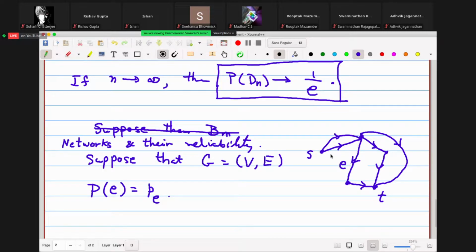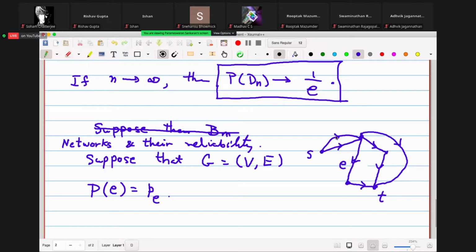So now, mathematically speaking, it is an oriented graph with a source S and target T, and every edge occurs in some path or the other. Only those are going to be relevant for us. Then each edge comes with a certain weight, and the weight is a number between 0 and 1.